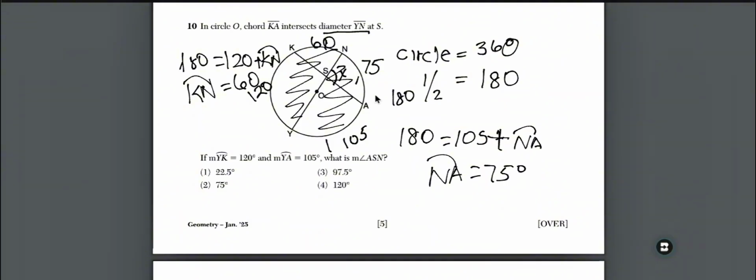Now, if I examine my angle, ASN, it is a vertical angle to angle KSY. Okay? Why is that helpful, Haneen?